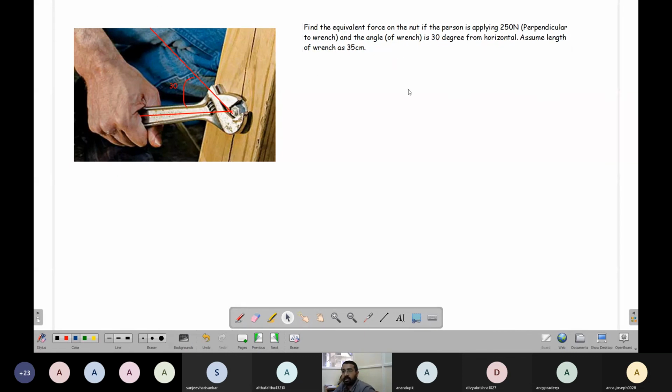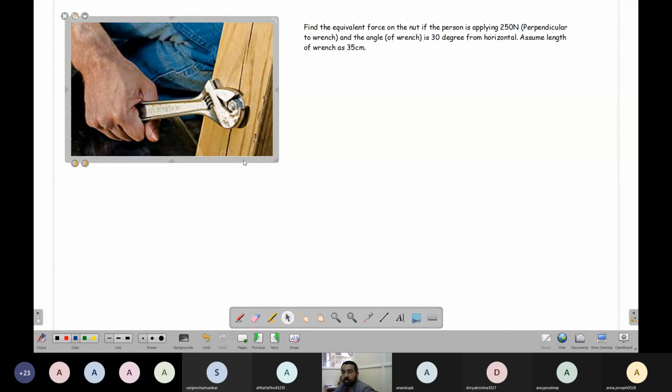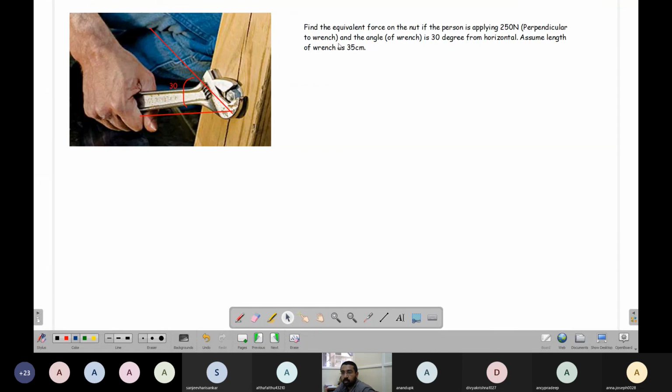Find the equivalent force on the nut if the person is applying 250 Newton perpendicular to the wrench and the angle of the wrench is 30 degrees. So the way the force is applied changes. I'll draw the system again: a hexagonal nut.